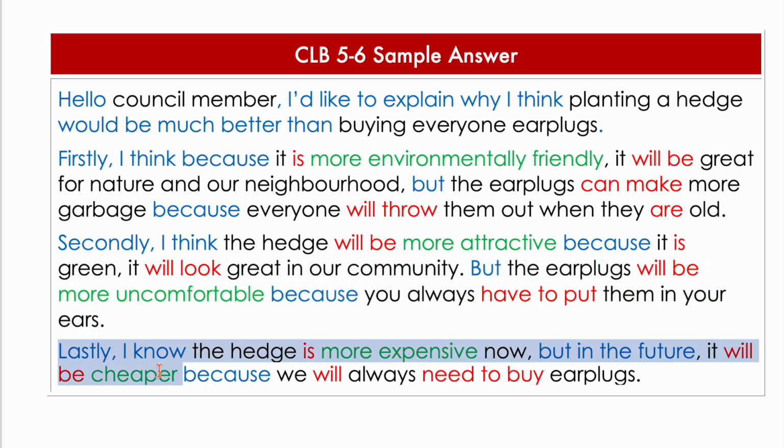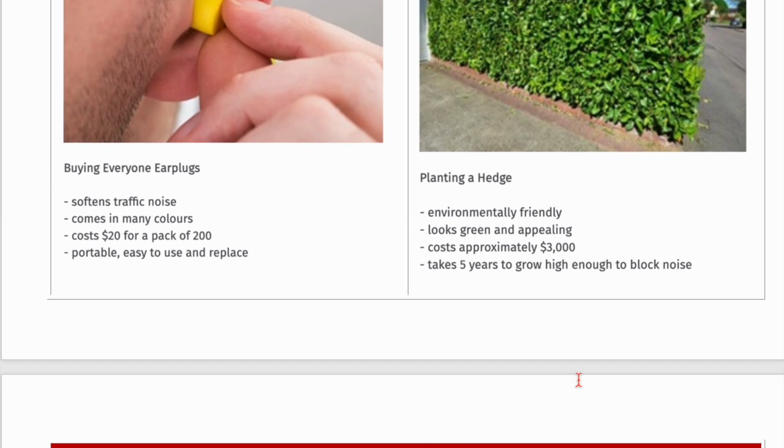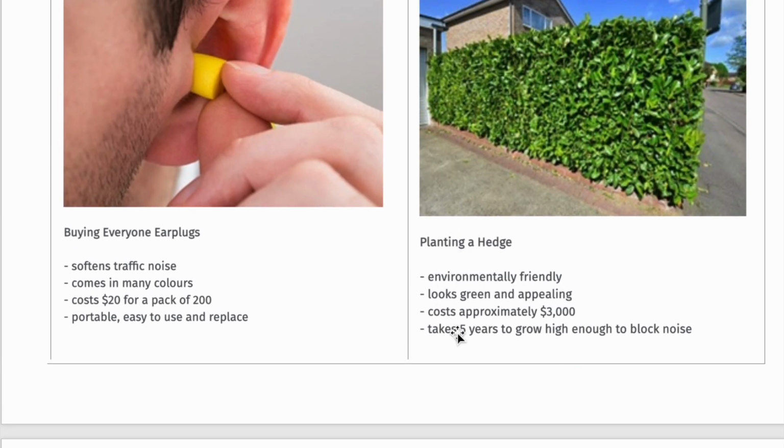And now ours is more expensive, but in the future, ours will be cheaper because yours is not good for that. So that's what we want to do, everyone. Ours is good for this, yours is not good for that. So making three ideas, comparing, contrasting like that is a very good way to speak, okay?